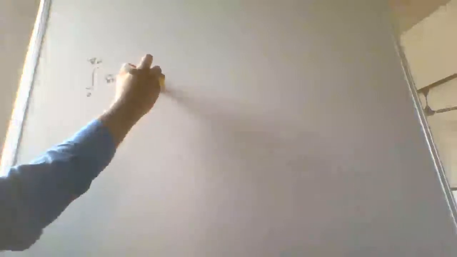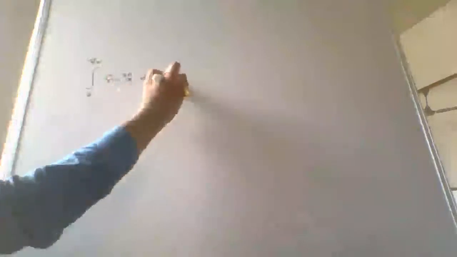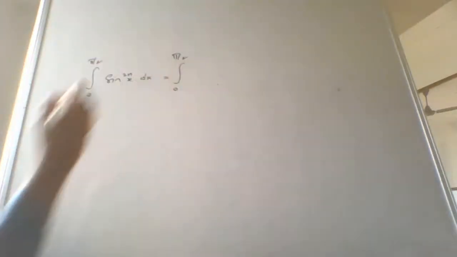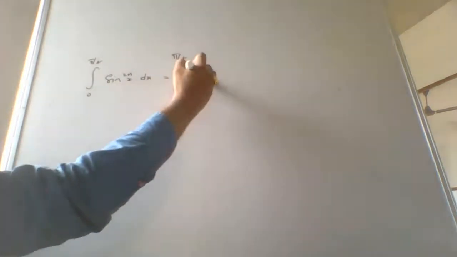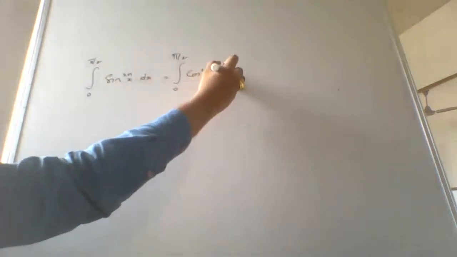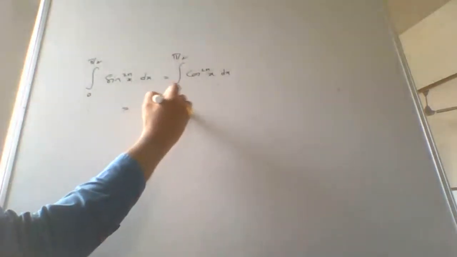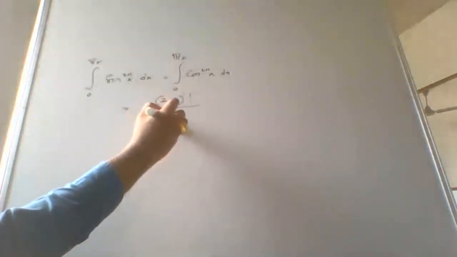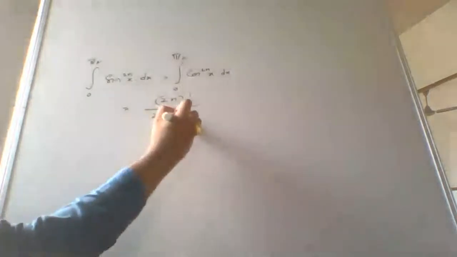sine power 2n x dx, which is equal to the integral 0 to pi by 2 of cos power 2n x dx, is equal to 2n factorial divided by 2 to the power of n into n factorial.